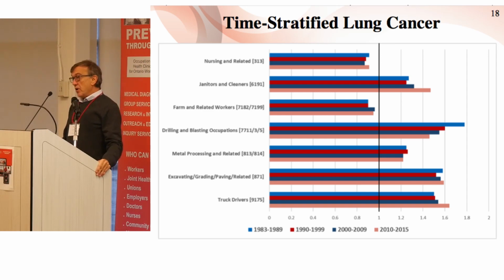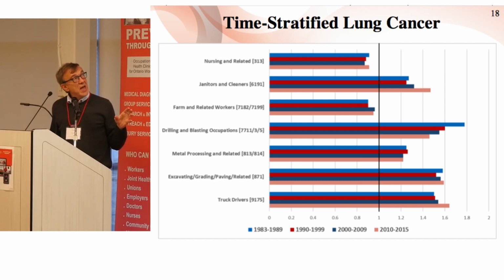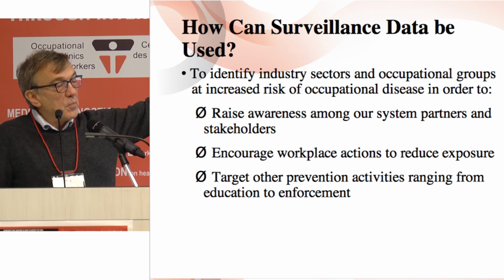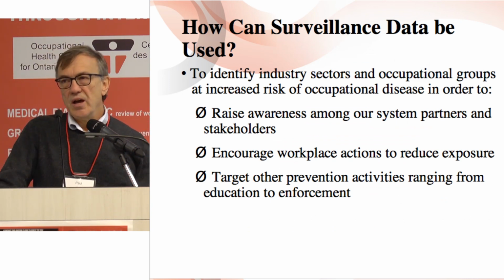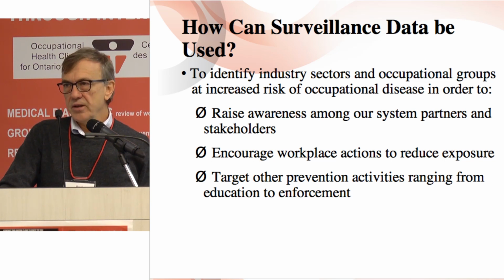So anyway, this is just to give you some very quick examples of the kind of data that we now can generate with this system that we've created, and that is really ready, I think, for prime time at this point. And the ways that we hope that it will contribute to prevention are, I think, multiple.